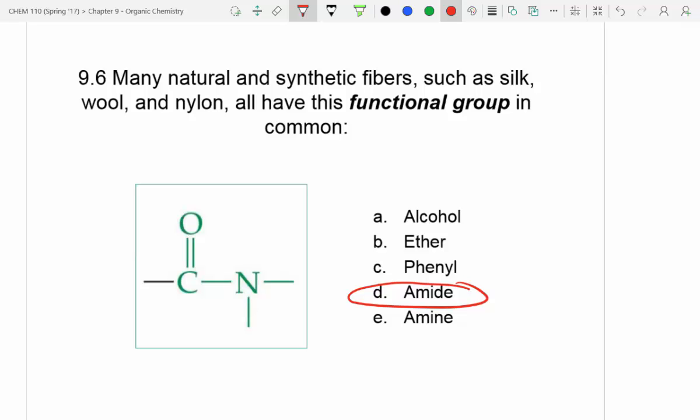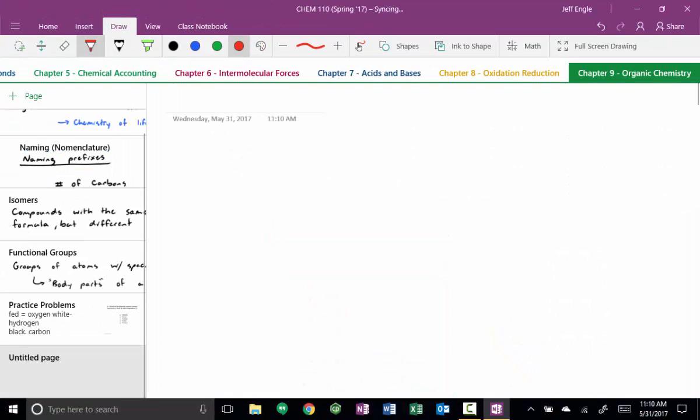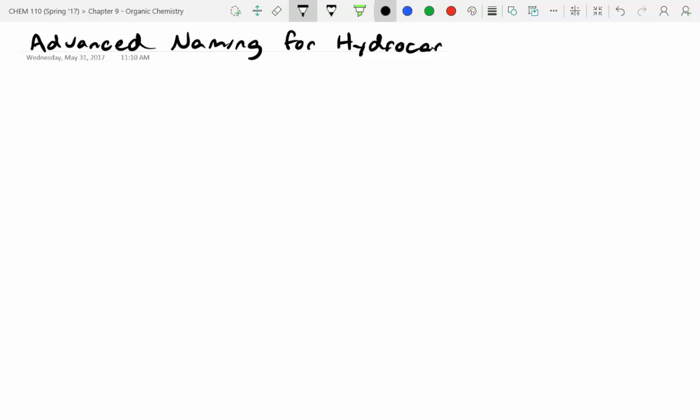All right, we've got a little bit of extra time, so I'm going to do one more thing. This is kind of our bonus round. Advanced naming for hydrocarbons. It's really not that bad to name these, so I did want to introduce you guys to them.